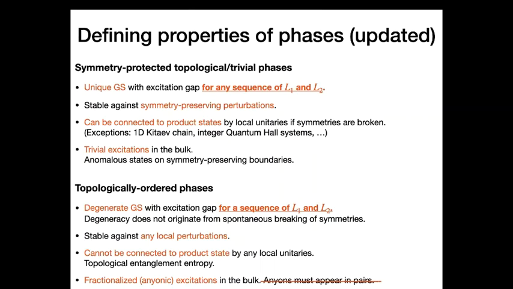So that's the property of this SPT phase. For the topological order phase, we have seen that the ground state can be unique for some choice of system size, but for some sequence of system sizes, you will see ground state degeneracy. So you have to be careful about this kind of system size dependence.